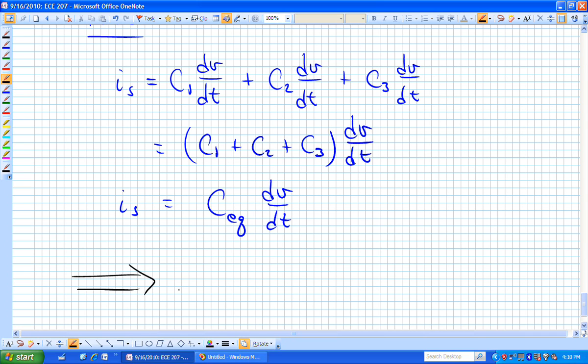What's that tell us about our parallel capacitors? If we have a bunch of capacitors in parallel, we can simply add their capacitances together and create one equivalent capacitor, or these parallel capacitors add.